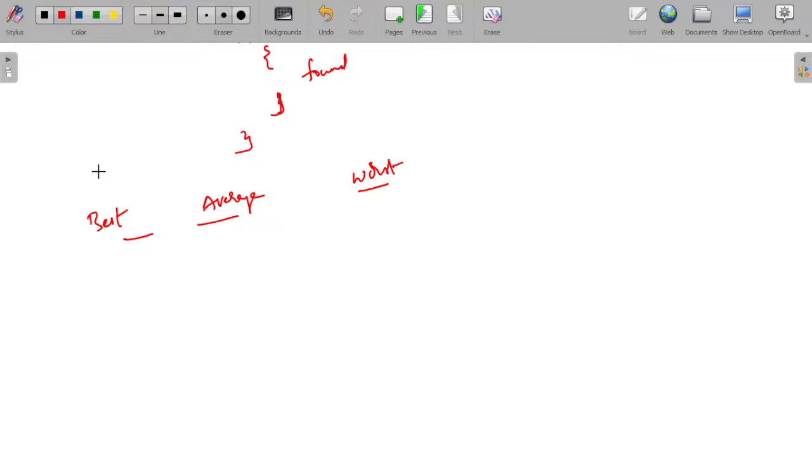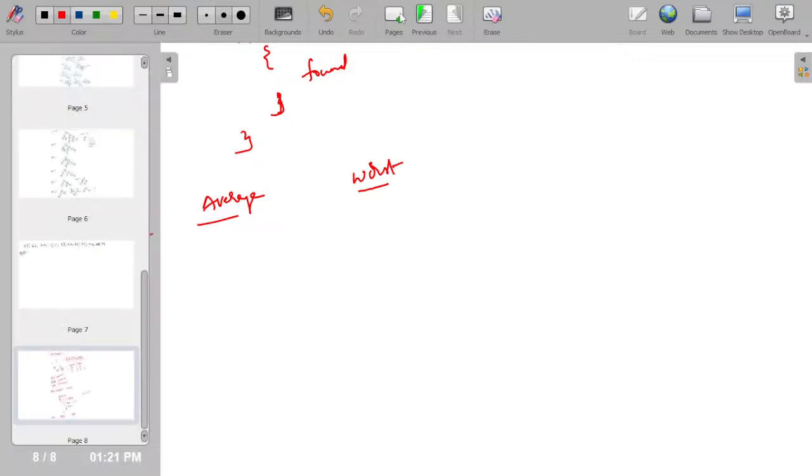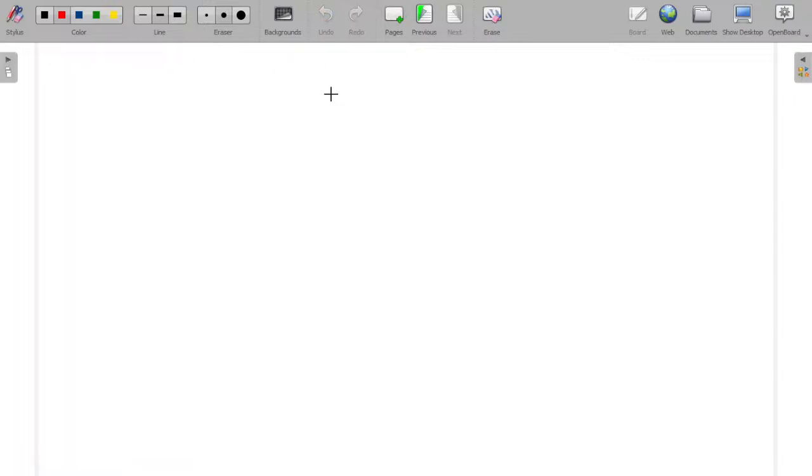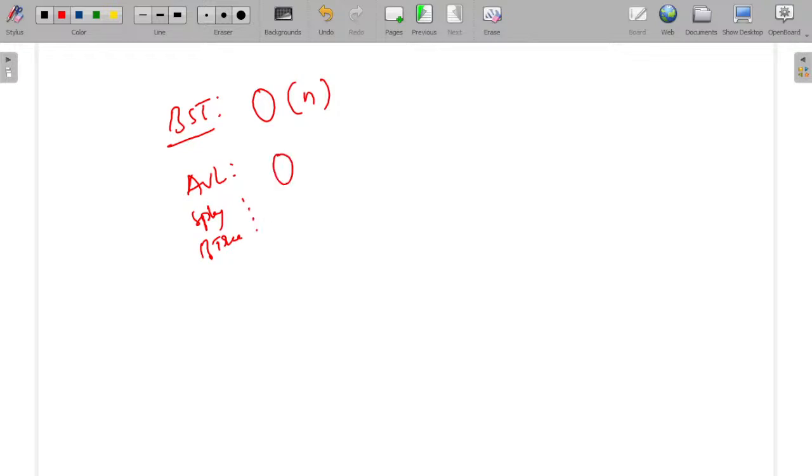Okay, so as I said already, when I explained the benefits of AVL tree, it was told that the binary search tree takes a time complexity of big O of n in the worst case scenario, and AVL tree, splay tree, B tree and all these trees are balanced trees which take a time complexity of big O of log n, right?